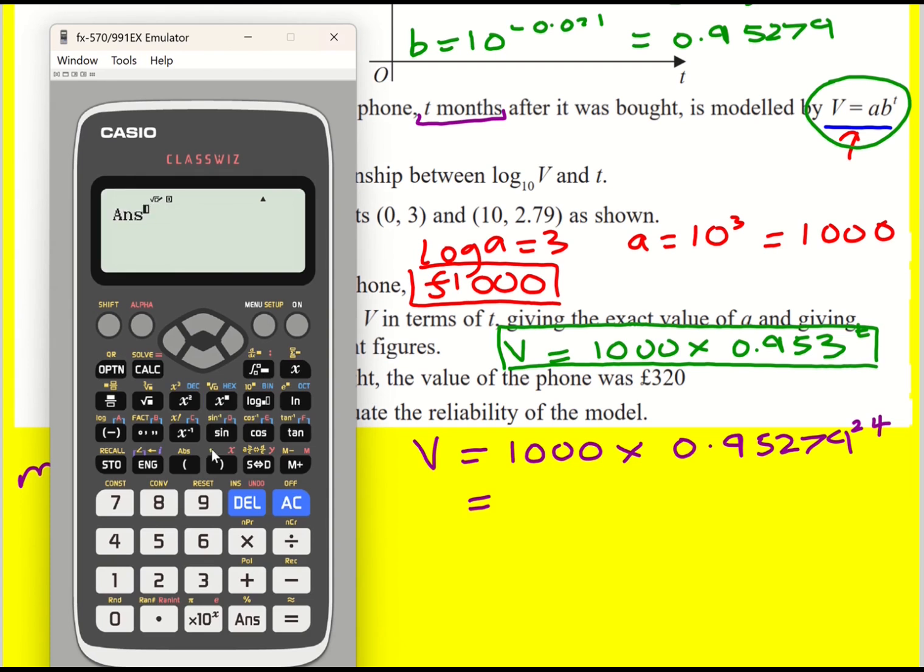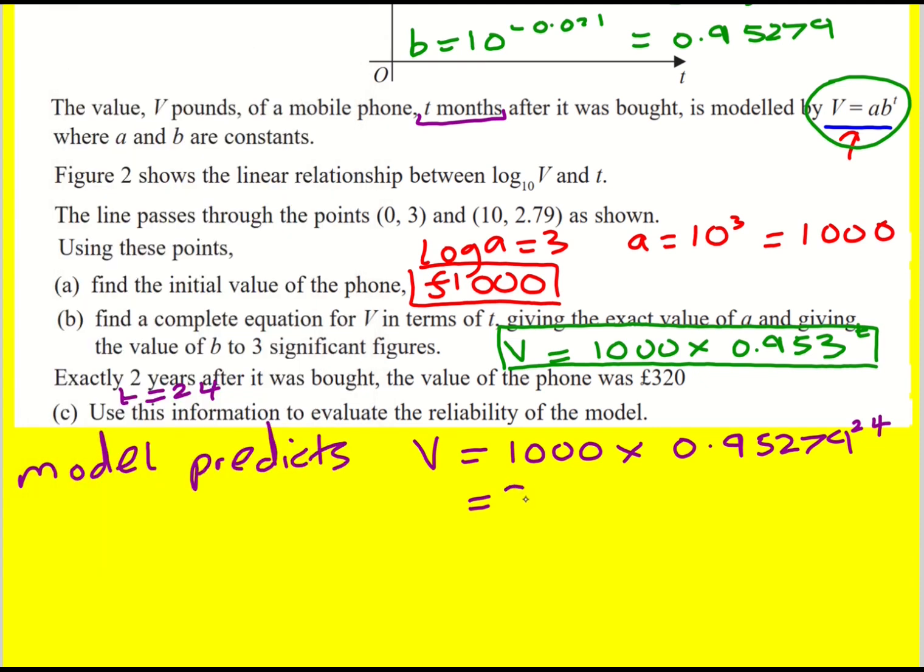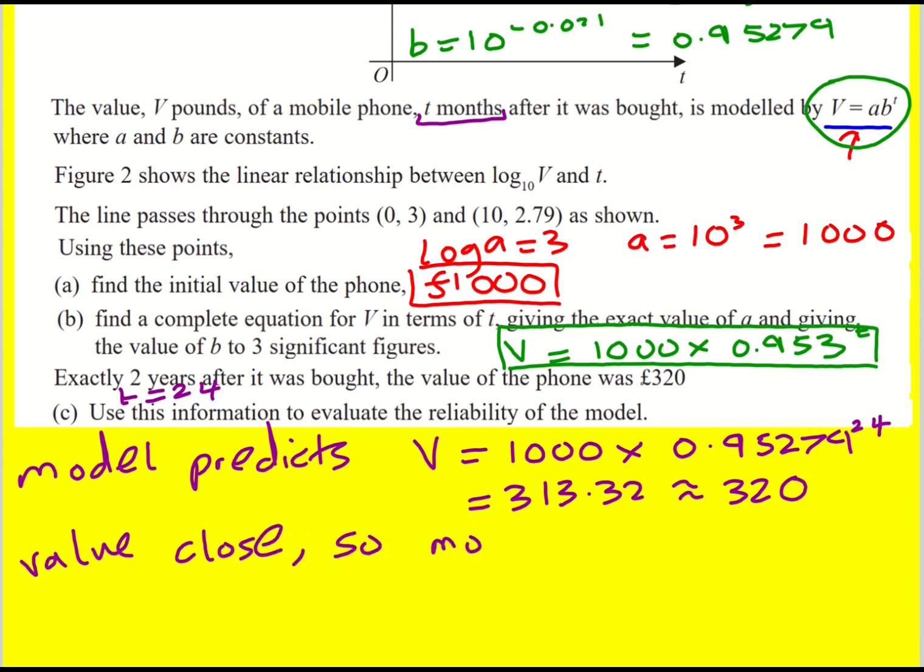So I've got my answer already here, just raise it to the power of 24 and multiply by 1,000, which gives 313.32, which is very close, it's got to be said, to 320. So I conclude that, yeah, value close. So model is reliable.